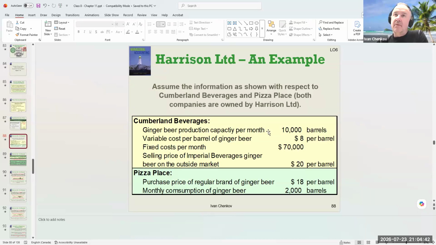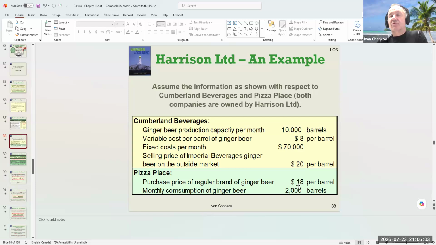If we have demand for the entire capacity of 10,000 barrels, and the pizza place buys the 2,000 barrels from outside for 18, we're perfectly fine.